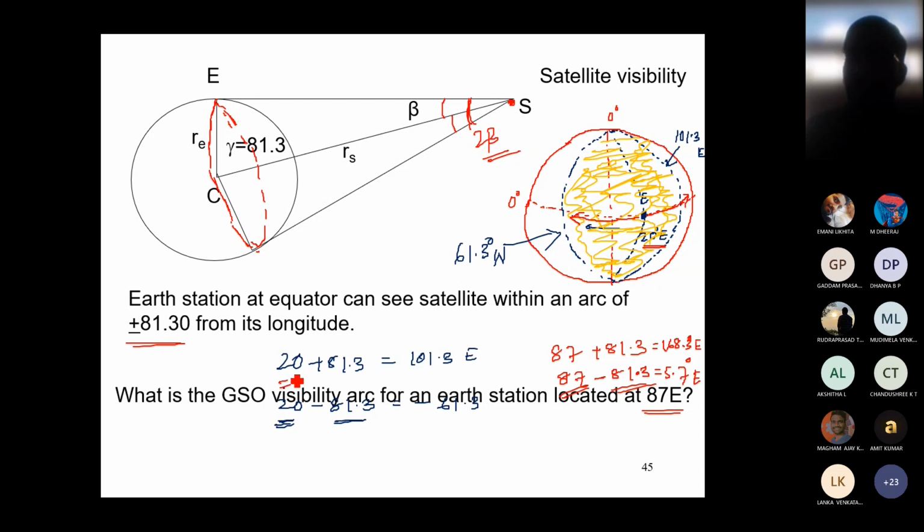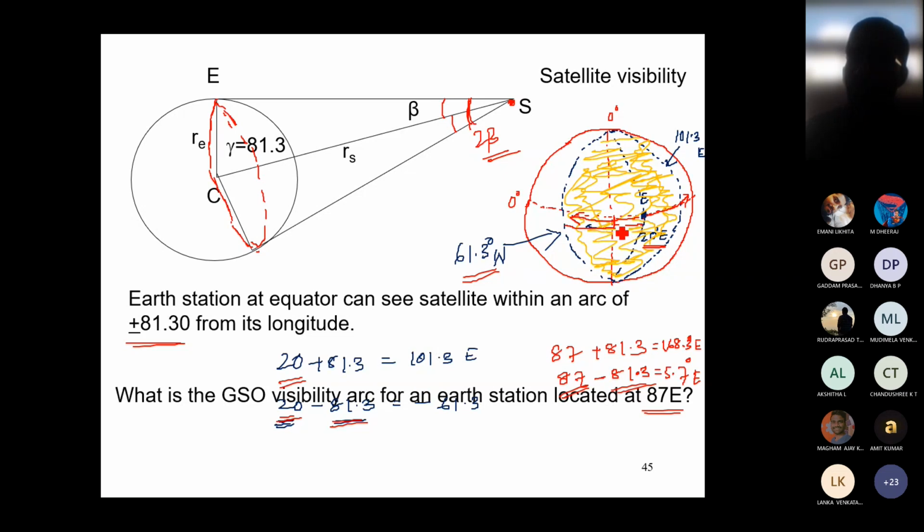But in our previous case, the Earth station was at 20 degree longitude, and you were moving back 81.3. First you complete 20 and reach 0 degree longitude, then you reach 61.3.